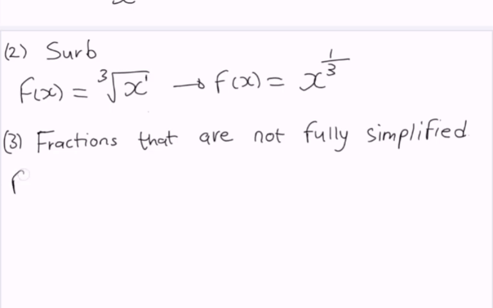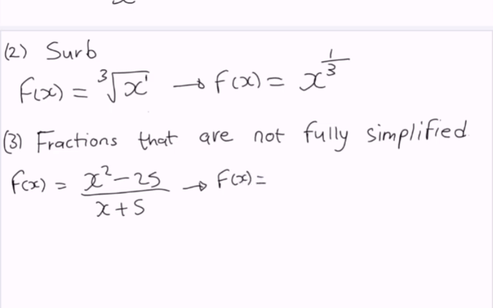For example, we'll be given f of x is equal to x squared minus 25 over x plus 5. As you can see, this is not fully simplified. So what you should do here is say f of x is equal to, this is a difference of two squares, x minus 5 into x plus 5.